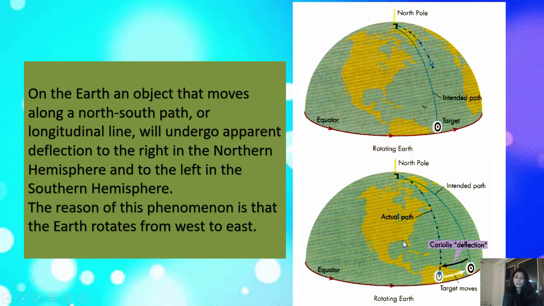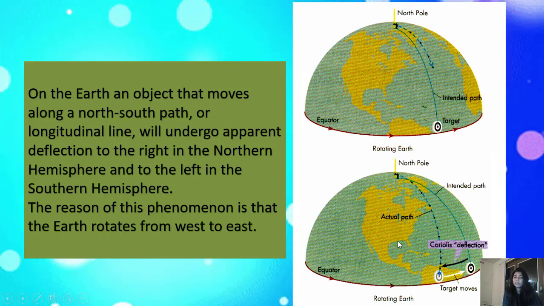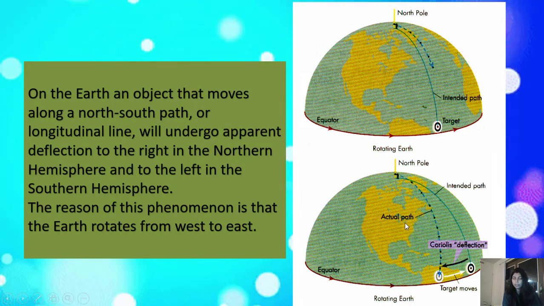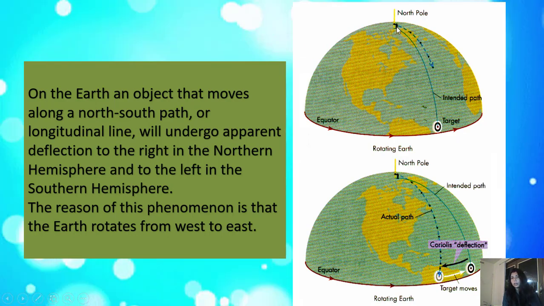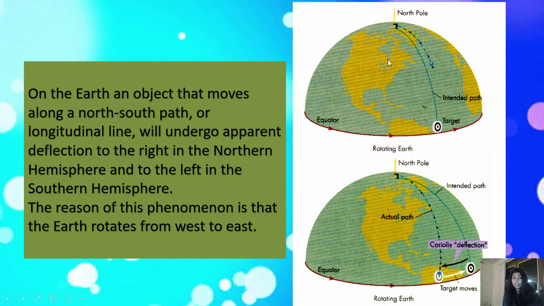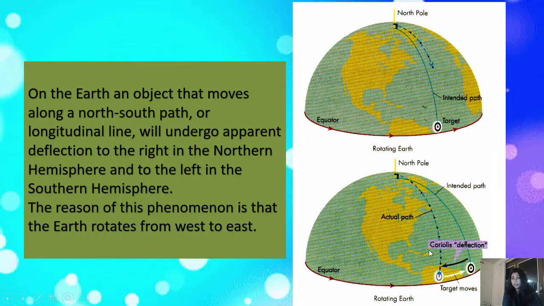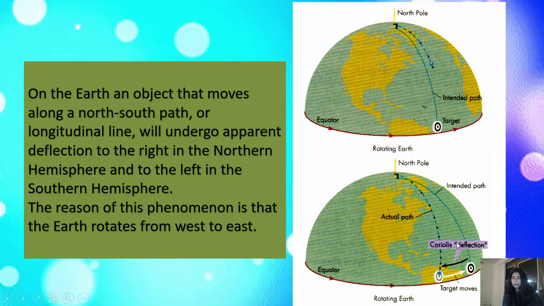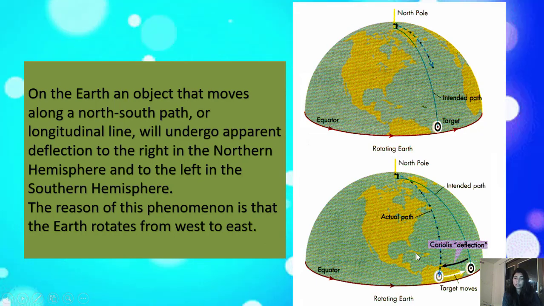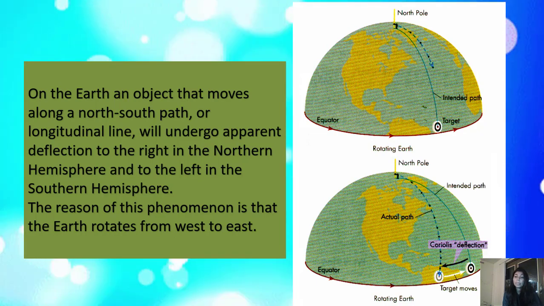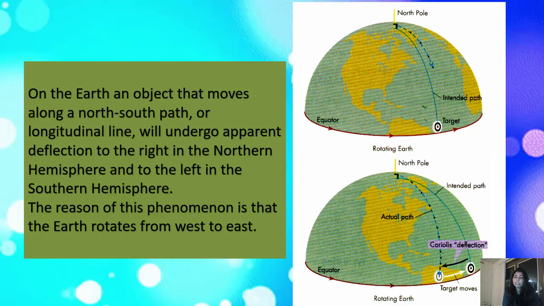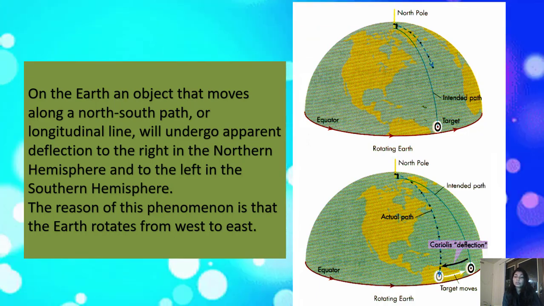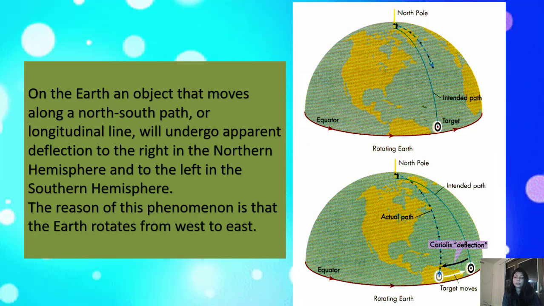So the reason for this phenomenon is that the earth rotates from west to east. So anything that moves in a straight line from north to south in the northern hemisphere tends to deflect a little bit towards the right of the original path, and if it moves from south to north in the southern hemisphere, it tends to deflect towards the left of its original path.